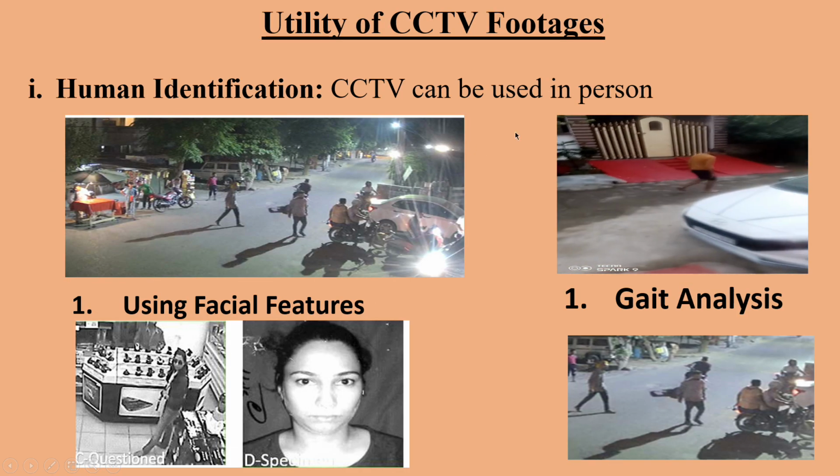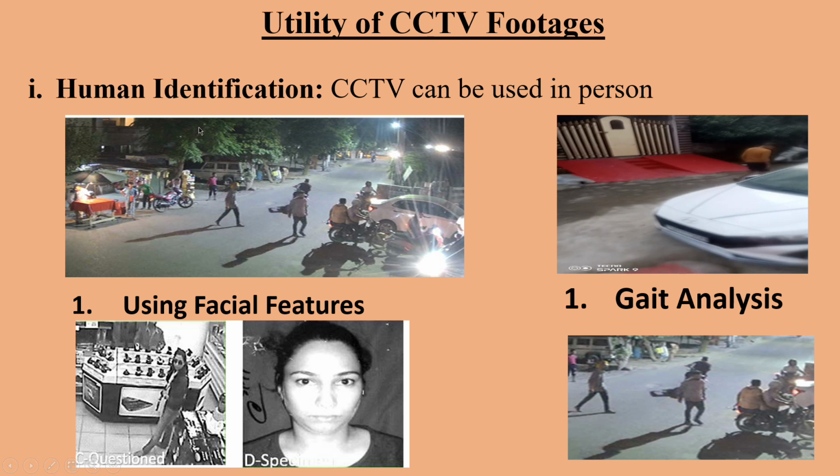So first, CCTV footage is used for human identification. From CCTV footage, human identification can be done in two ways. Number one, using facial features, what the facial features of the person or the criminal are, from the analysis of the CCTV footage and the specimen photograph.